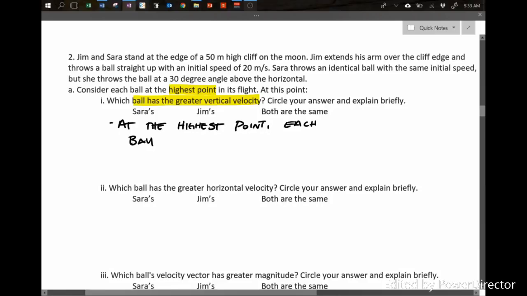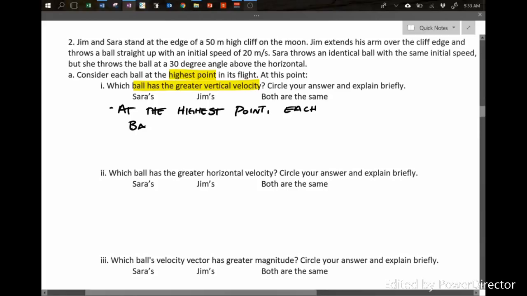At the highest point, each ball is momentarily at rest in the y direction.